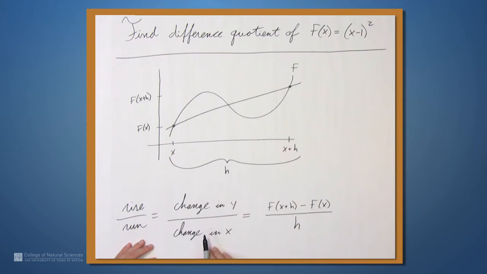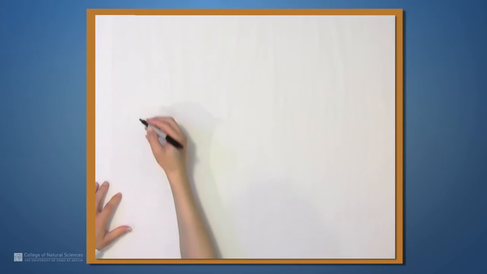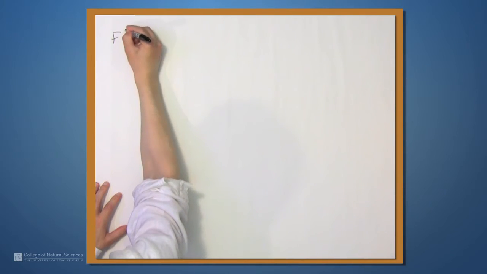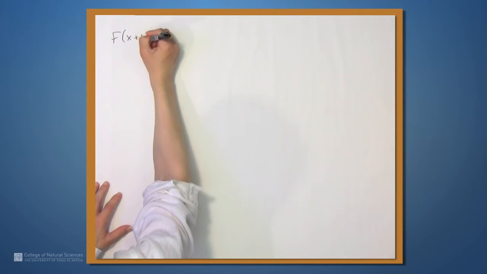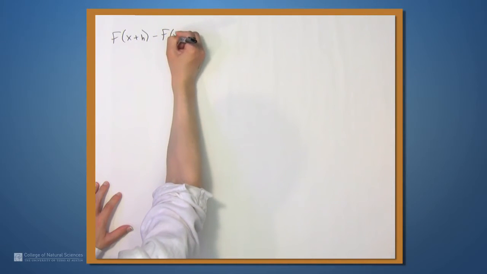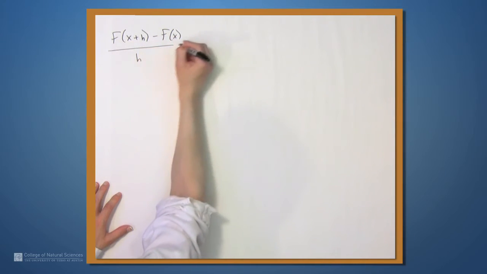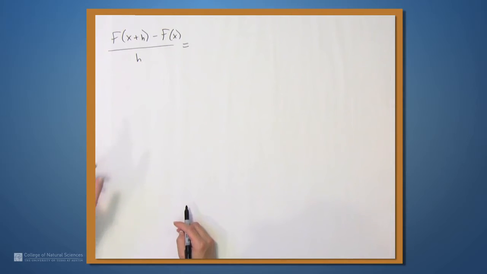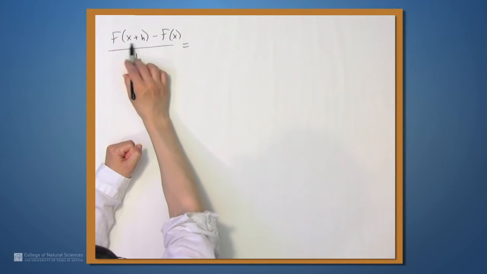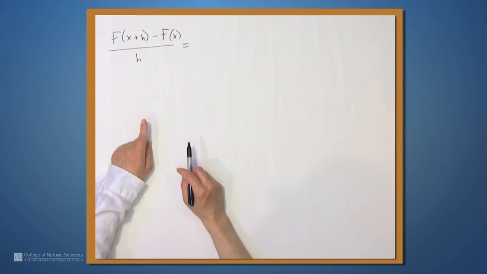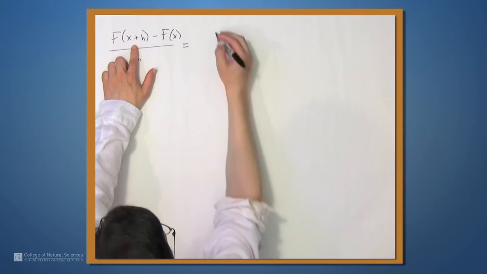So let's look at our particular example on a clean sheet of paper. So the difference quotient for us, well, it's f of x plus h, let's write down the formula, minus f of x all over h. So for this f of x plus h, wherever we see an x in the formula, we substitute x plus h.